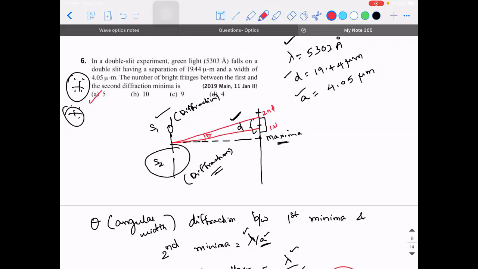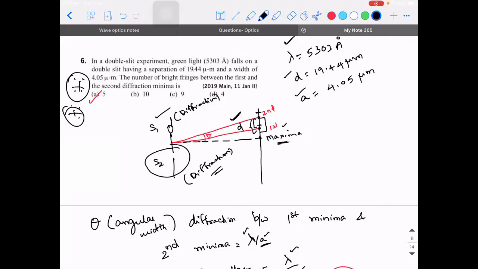But what will happen due to YDSE is, here a dark spot, here a dark spot, but it doesn't mean in between there will be only a bright spot. There can be multiple bright and dark spots that are taking place. Those bright and dark spots are taking place due to Young's double slit experiment.